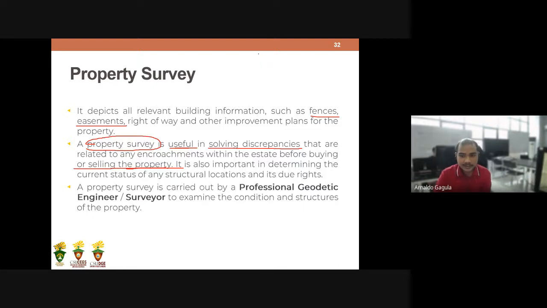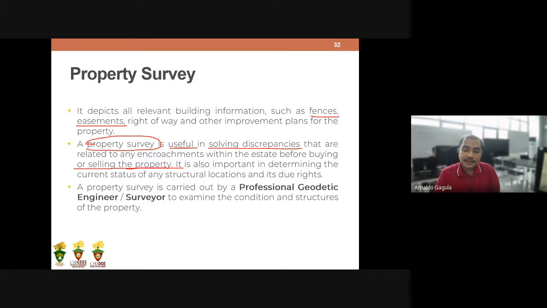If you buy land, the boundary must be settled, the discrepancies must be settled, and if there are conflicts, the land must be settled, which is important in determining the current status of any structural location and its due rights.